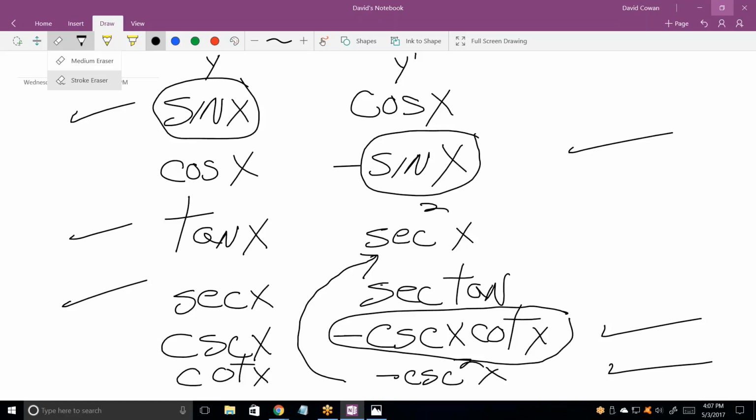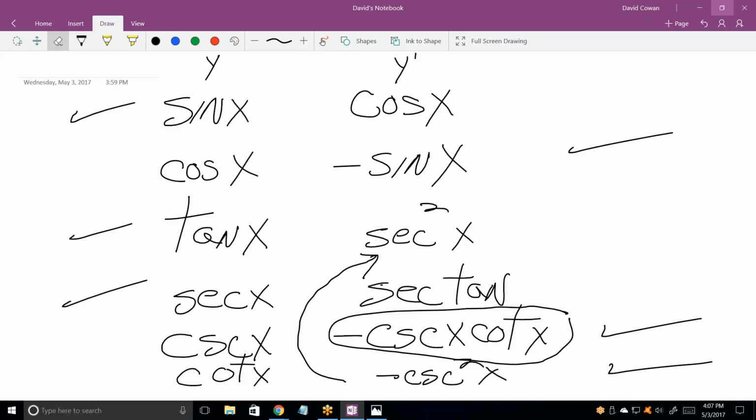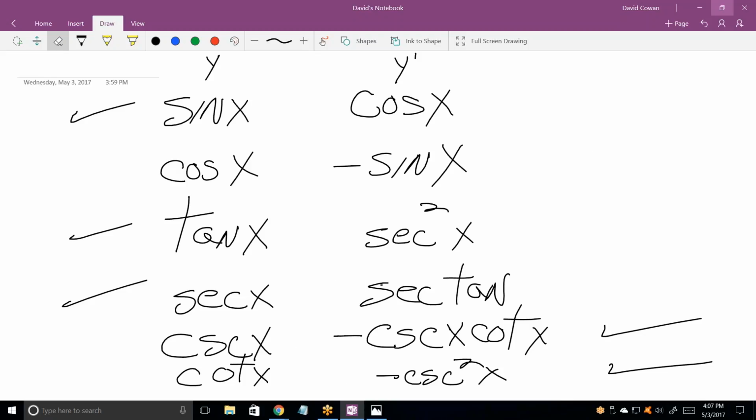So I'm not sure if I'm making myself understood here, but you only have to memorize 3 of these. The ones that I've check marked on the left. In other words, if you memorize what the derivative of sine is, and tangent, and secant, you can figure out all the others.